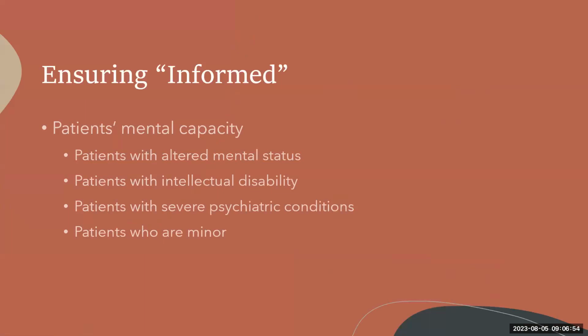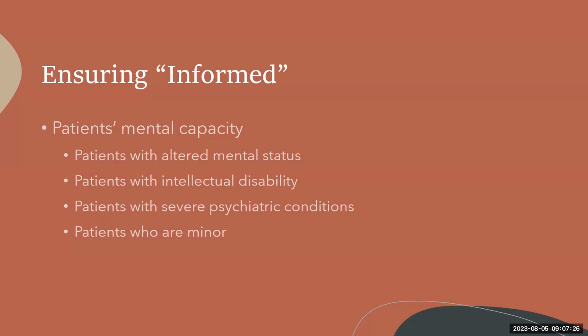Right. So it's not just consent, it's informed consent, because that is very important. And your job is to ensure that part happens, right? So the first part, to be able to be informed, the patient needs to be in a certain mental state. So your job is to always assess your patient's mental capacity at the time that you're obtaining the consent from them.